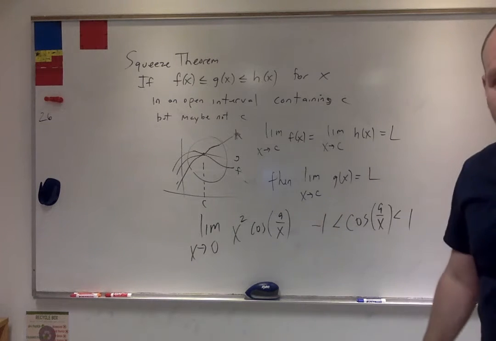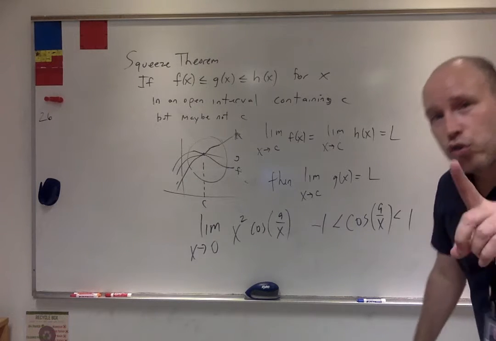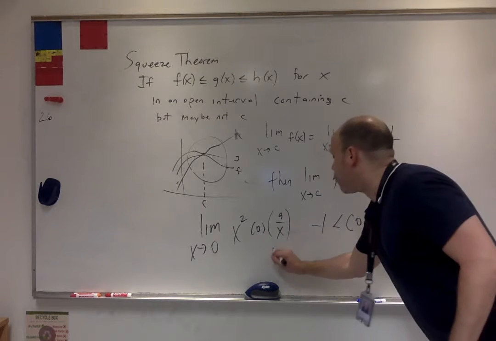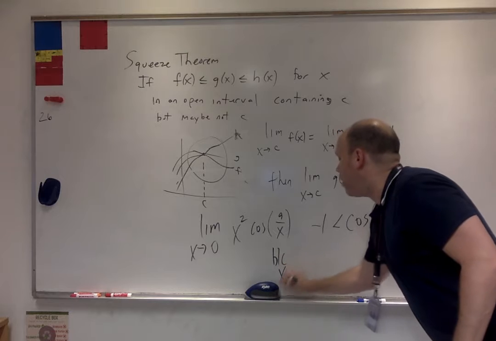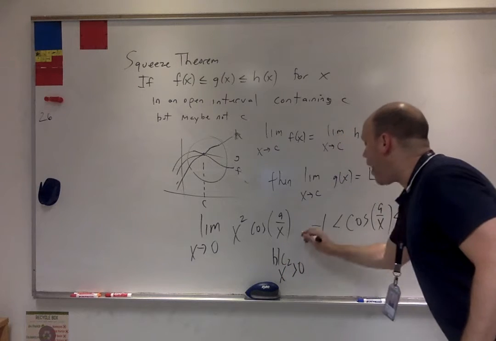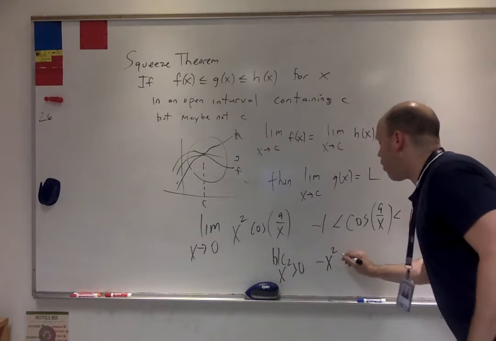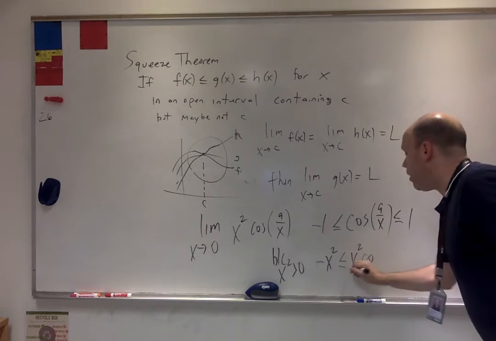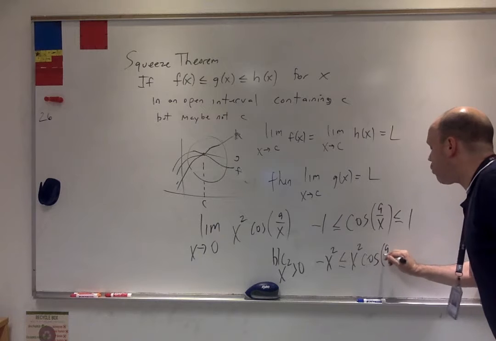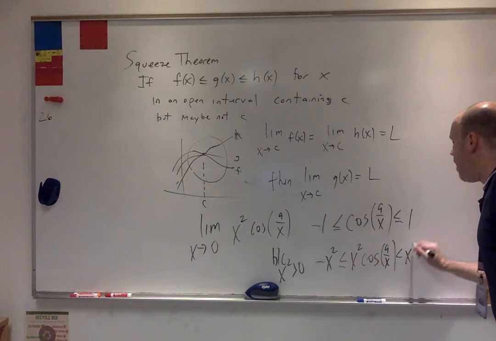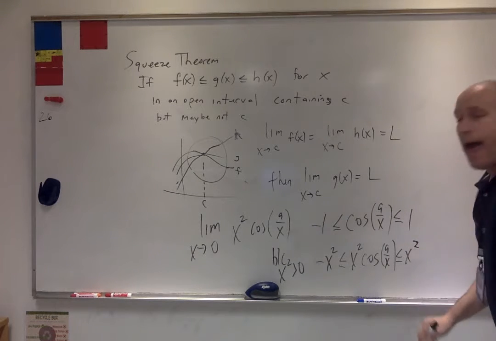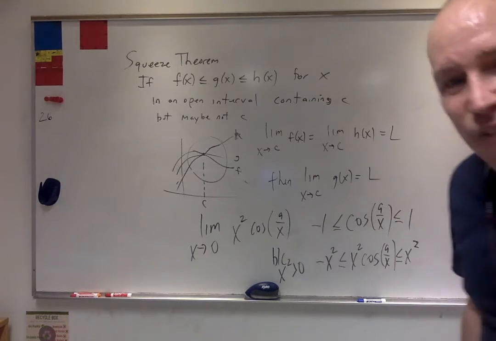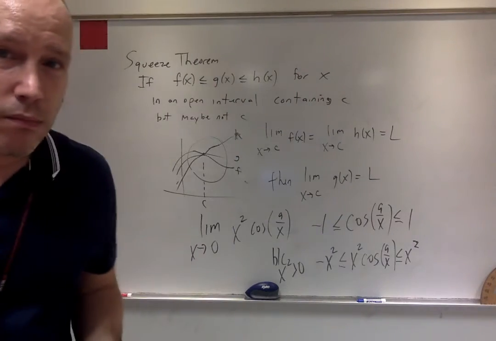You also know that x squared is greater than or equal to 0, so I could multiply everything by x squared and not worry about flipping the inequalities.